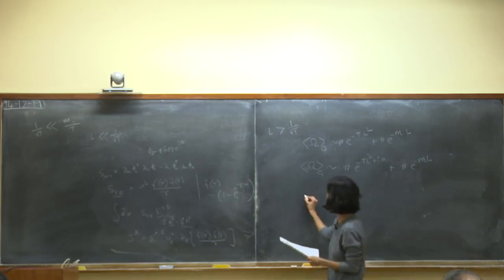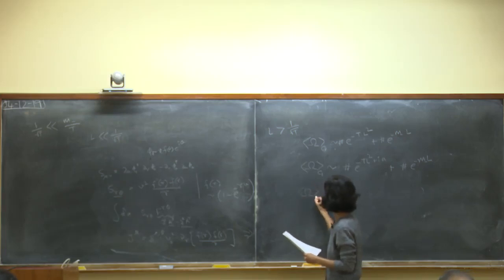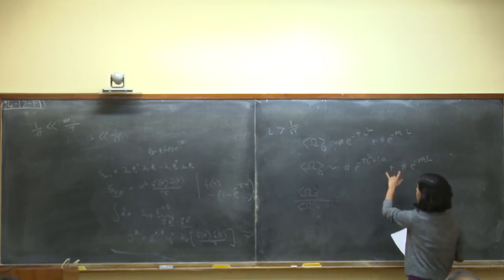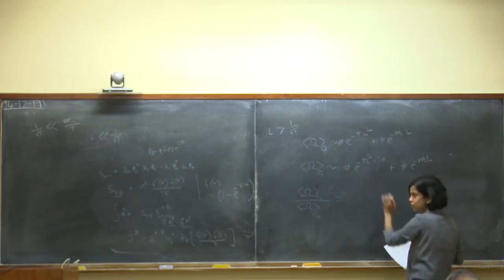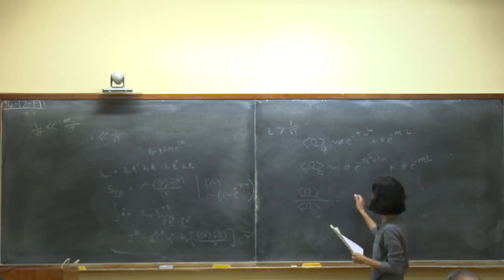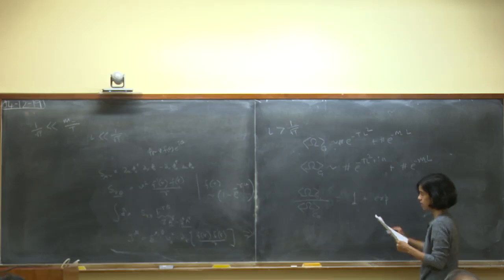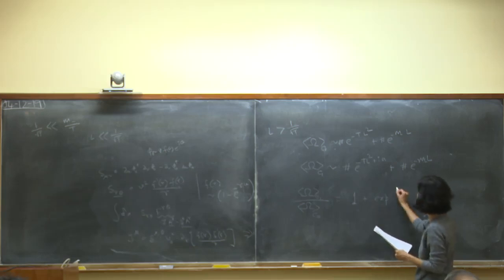So what happens to the ratio that I was computing? So you take the ratio of this one with that one, and I'm just going to write what the answer is. It's given by 1 plus corrections that are exponentially suppressed in the size of the loop.